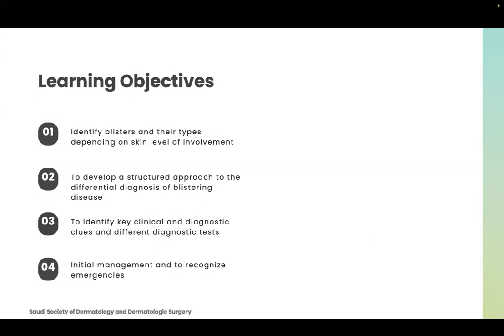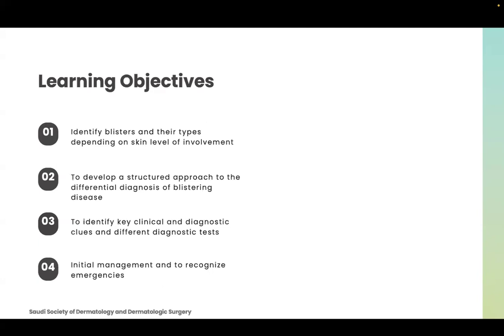And the second thing is to develop a structured approach to the differential diagnosis of blistering disorders, and to identify the key clinical and diagnostic clues and the different diagnostic tests that we do for different blistering disorders according to the top differential.